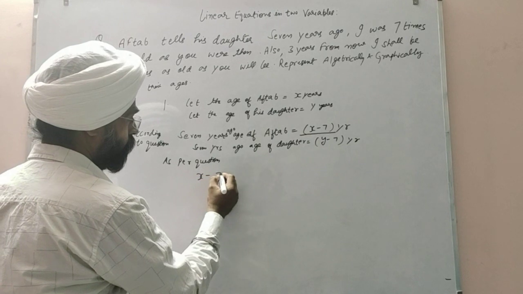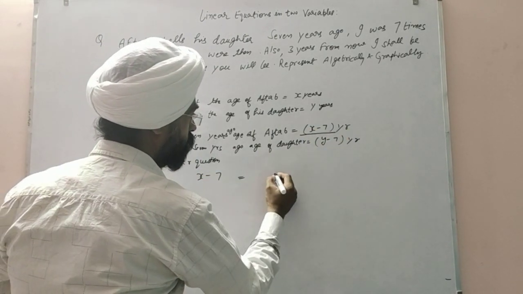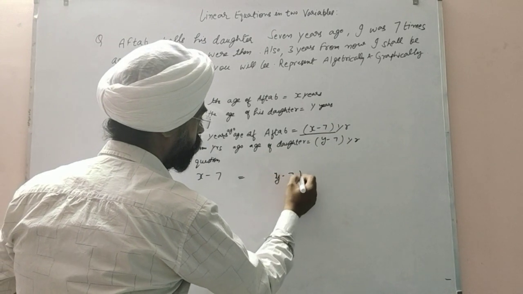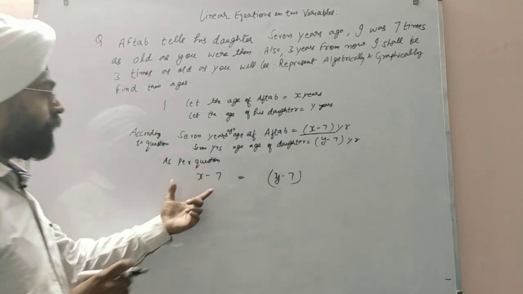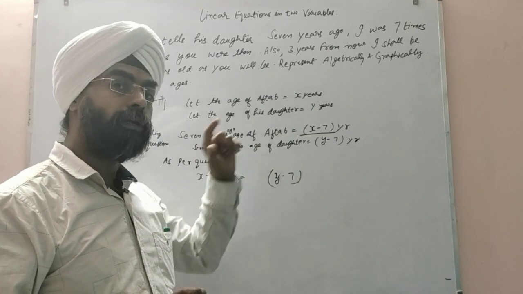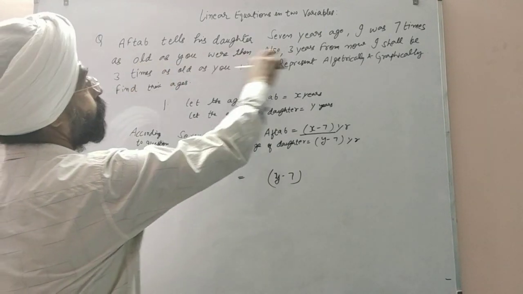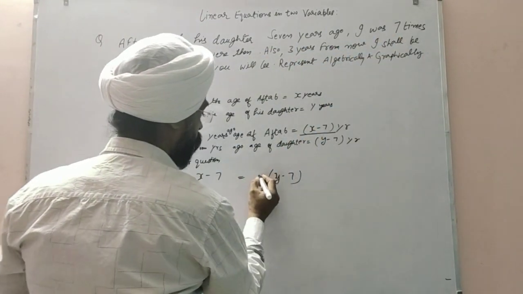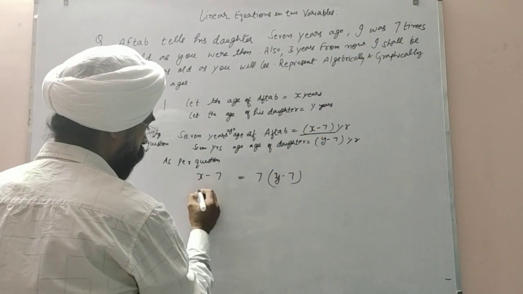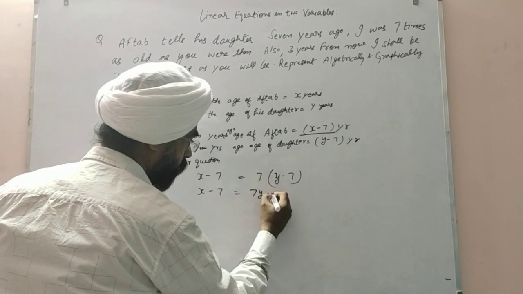X minus 7. Now you have to equate this with the daughter's age, y minus 7. Because it is the higher number and it is the lesser number, we need to put the multiplication factor here. What is the multiplication factor? 7 times. X minus 7 equal to 7y minus 49.